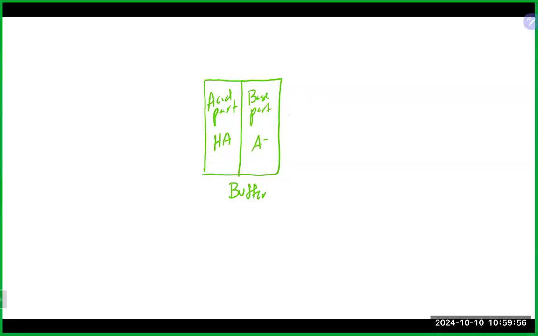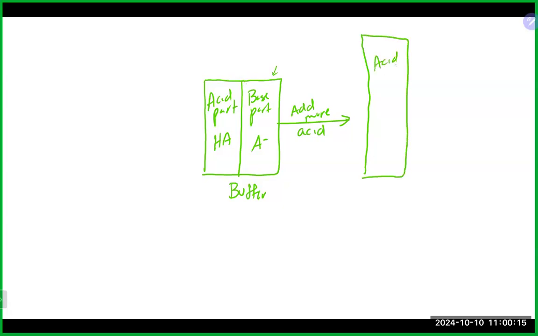And in this case, when you add more acid to a buffer, the acid will react with the base part. But as we saw, you will make more of the acid part. So we'll make more of the acid part of the buffer when you react it with something like HCl. You will use up some of the base part of the buffer.